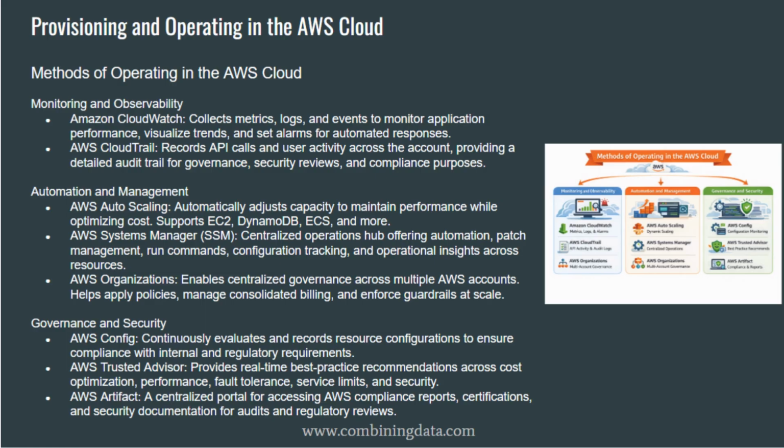It helps you track configuration changes, identify non-compliant resources, and enforce internal and regulatory standards. Example: if an S3 bucket is created without encryption, AWS Config can immediately flag it as non-compliant. Exam tip: Config answers, is this resource configured correctly?